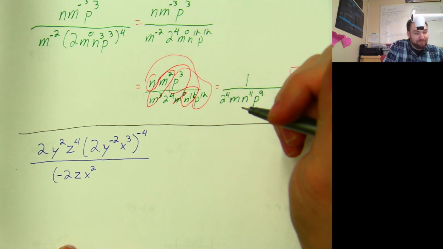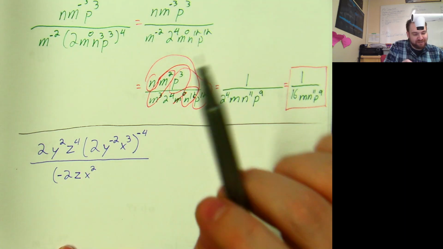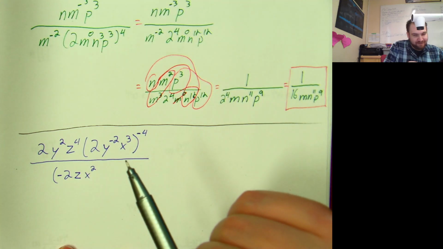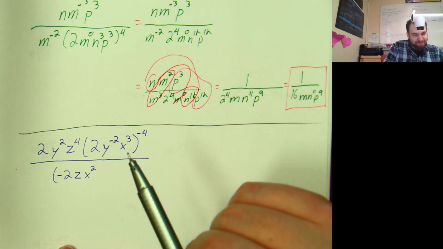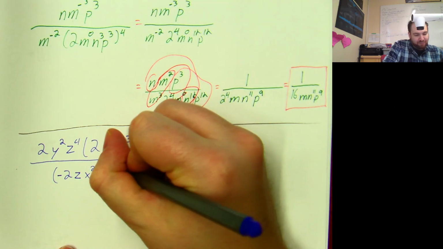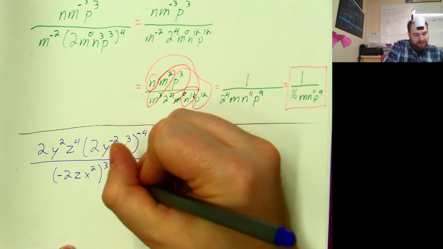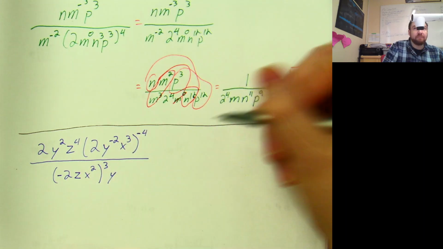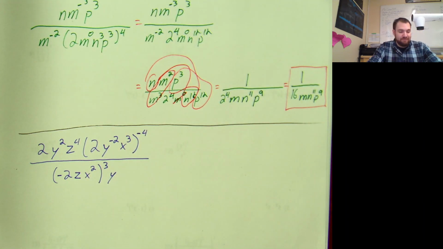I'm looking at an old question and seeing how to change it because it wasn't hard enough. Let's add a bracket 3, and we'll toss a y there. Okay.